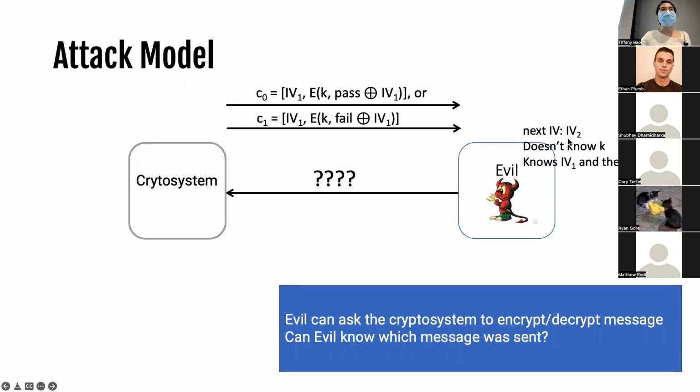Now the question is, can Evil generate a special message and ask the crypto system to encrypt it? Can Evil use this to tell whether the previous C0 or C1 is the message that the crypto system sent before?